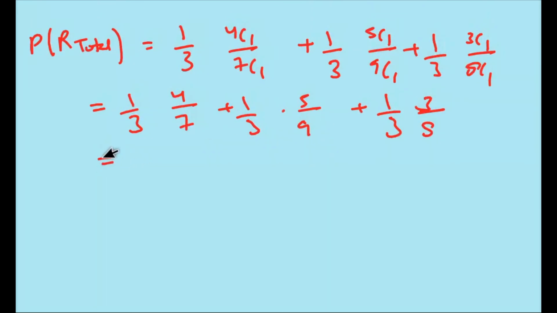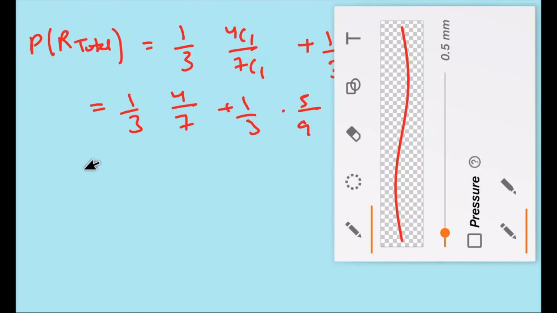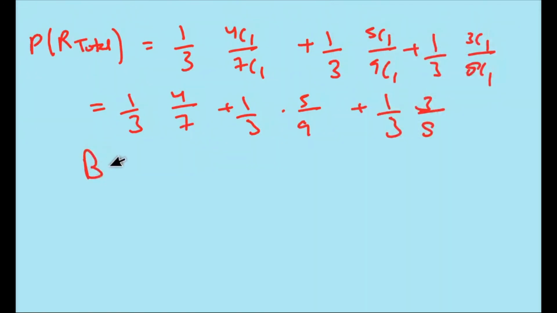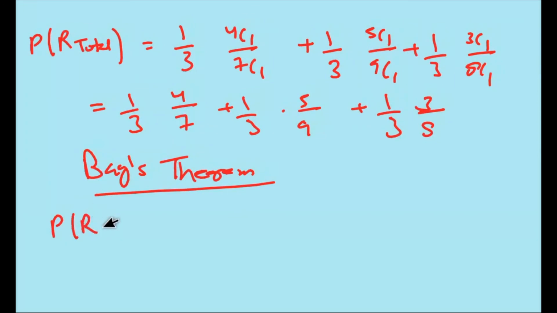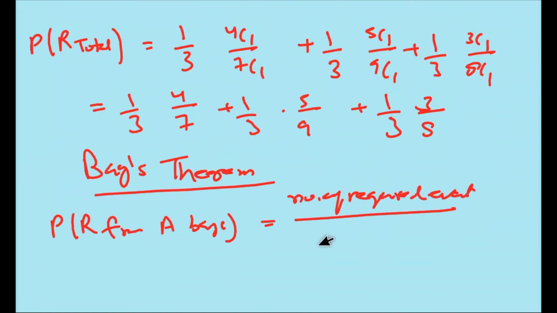Now I am talking about using this in examples, that is the Bayes theorem. Now according to the Bayes theorem, if we want to find the red ball from the A bag, it means the number of required events upon the number of total events.